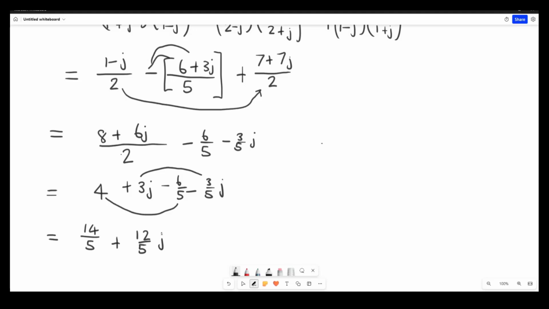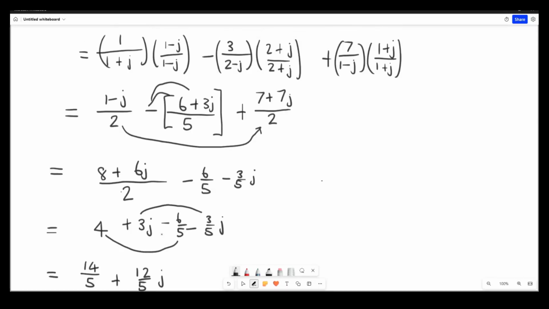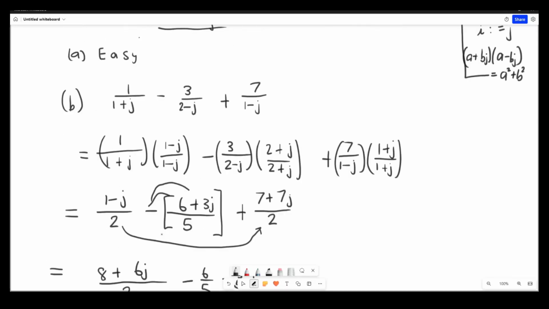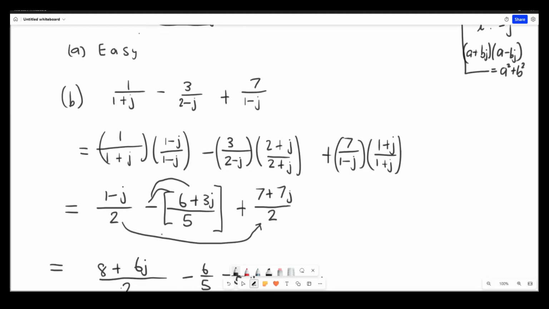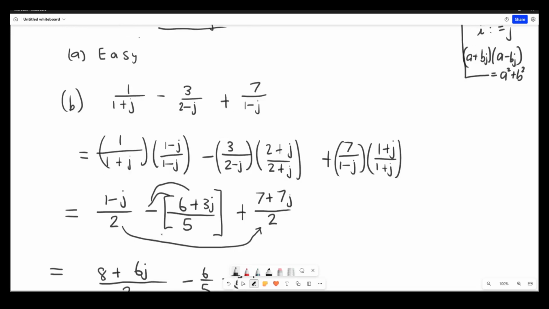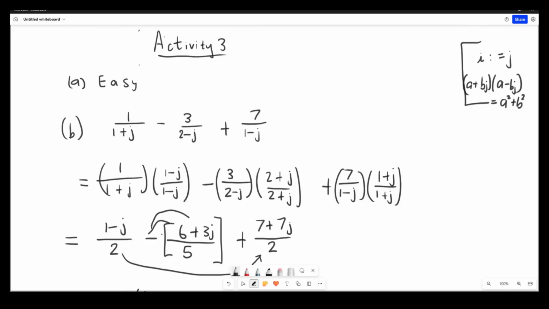We can just compare the answers maybe in the learning guide from Activity 3B. So my final answer, the main thing there, guys, was you must multiply each of those terms on the top and the bottom by the complex conjugate of the denominator, which is what I've done. And then every time I use the result in the far right corner here, I just do it in my head, okay?